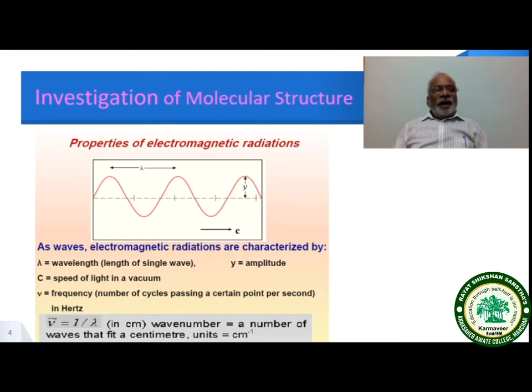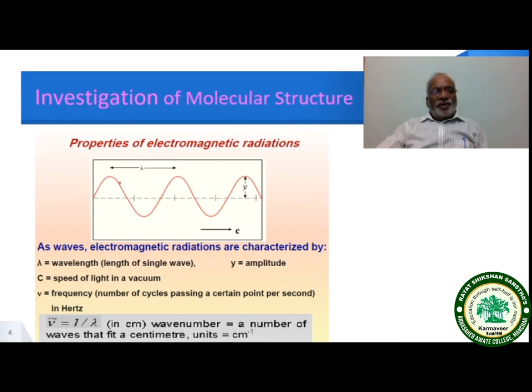One trough and one peak we consider as a complete wave, meaning one maxima and one minima. Suppose, see here, from this particular point the electromagnetic radiation starts moving.